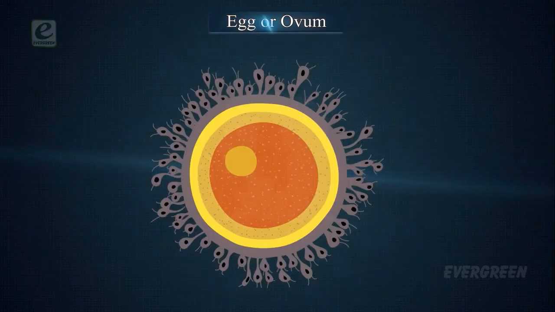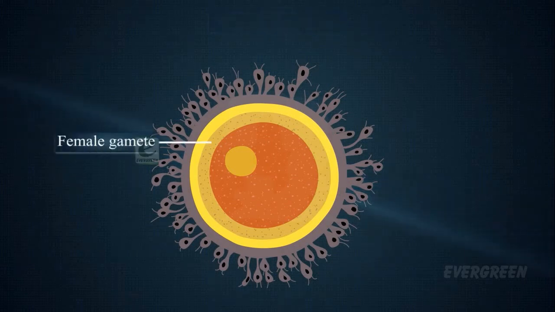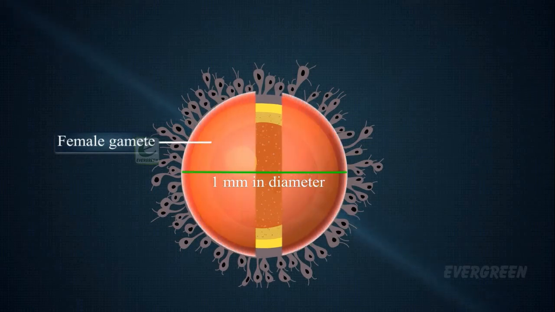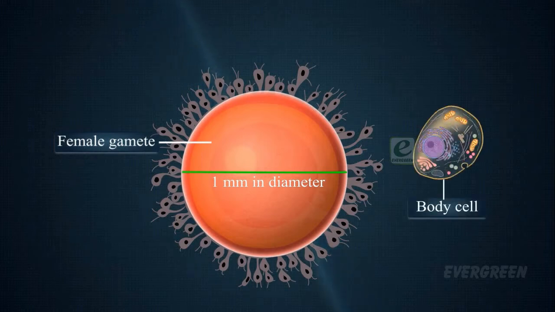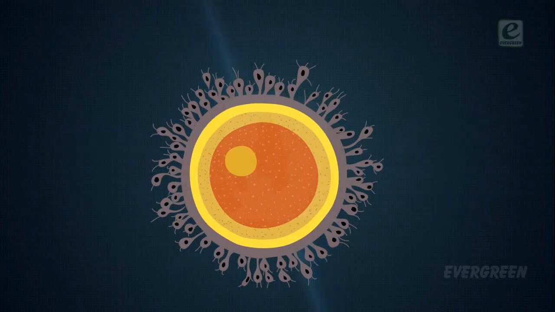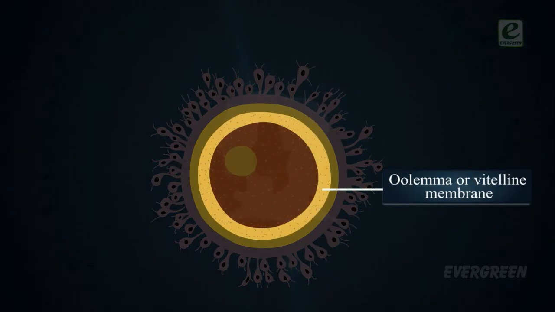Egg or ovum. Now, we talk about this female gamete, which is 1 mm in diameter, a spherical and highly specialized cell. And it is much larger than the normal body cells. Its outer plasma membrane is called oolemma or vitelline membrane.